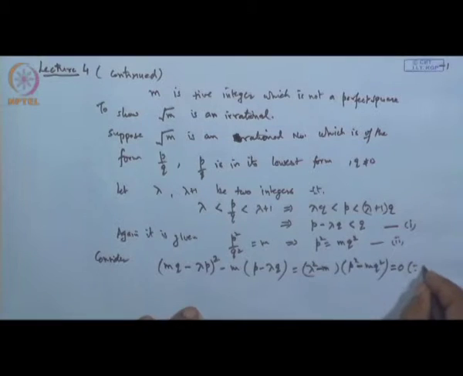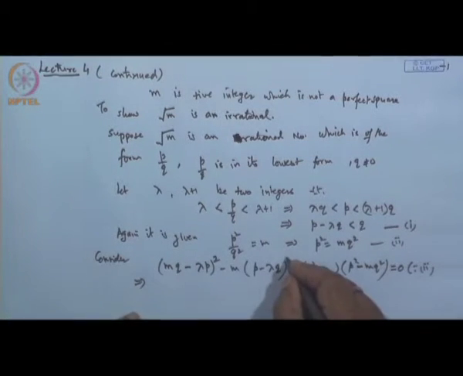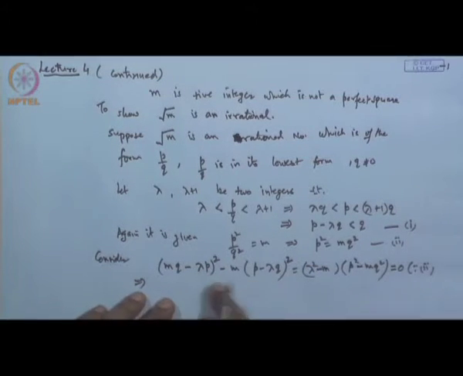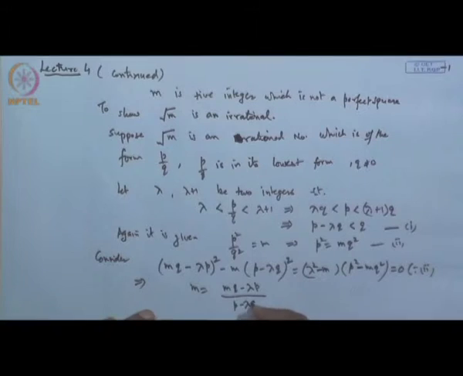Therefore, m is equal to ((m q minus lambda p) divided by (p minus lambda q)) whole square.